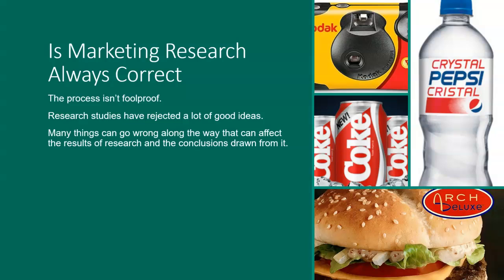So these pictures on the side, up in this corner, we have Kodak. The reason why Kodak lost out on the whole move to digital photography is because they weren't willing to spend the money to campaign or to move into the digital industry. They thought that if they saved money, it would be better for them.